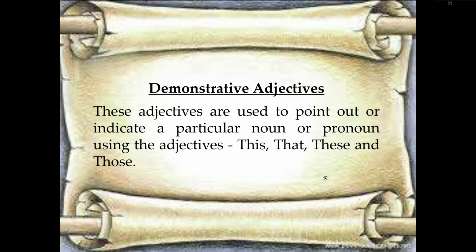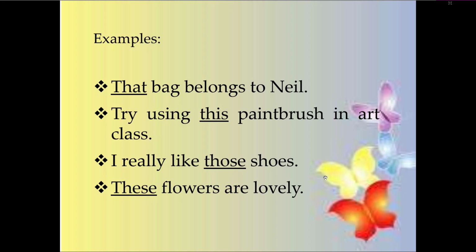Next, demonstrative adjectives. These adjectives are used to point out or indicate a particular noun or pronoun using the adjectives this, that, these and those. Example: that bag belongs to Neil. Try using this paintbrush in art class. I really like those shoes.